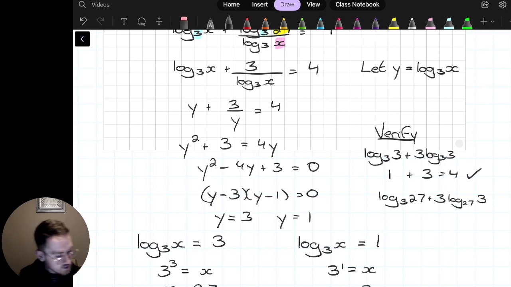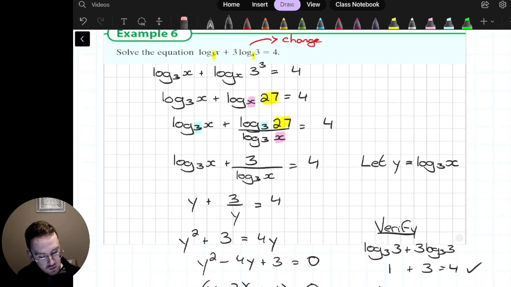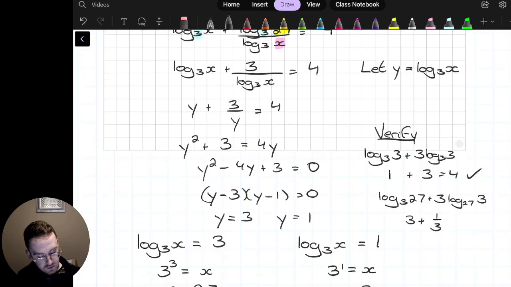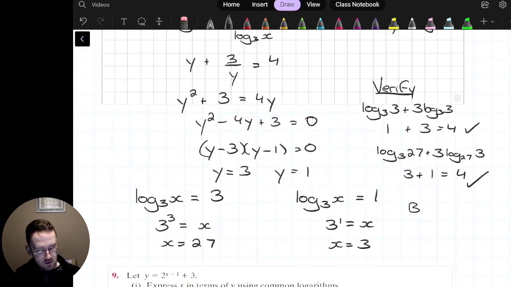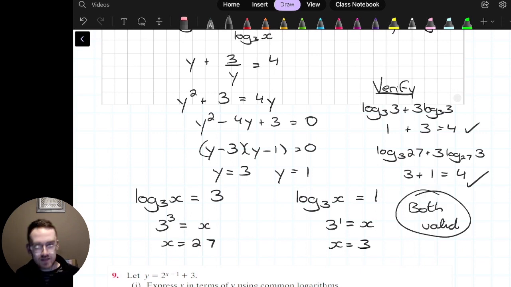Log to the base 3 of 27 is 3. Log to the base 27 of 3 works out at being a third. And 3 plus 1/3 multiplied by 3 works out to give us 1, and that gives us 4. So we can see that both of those are valid. So we can write down that they're both valid solutions.